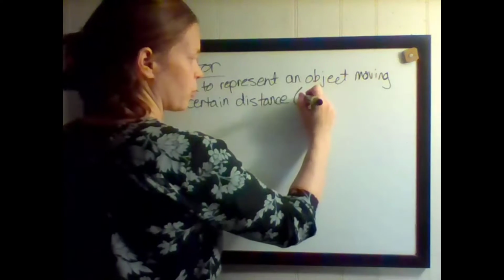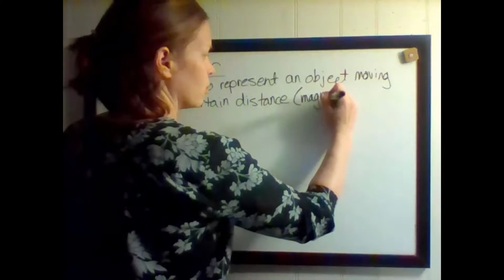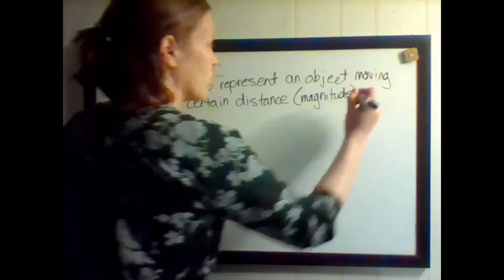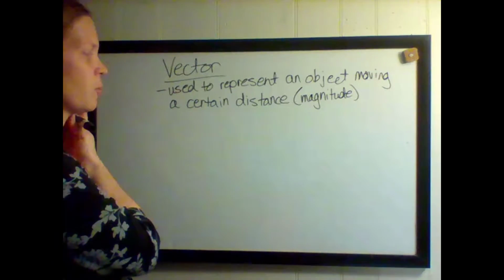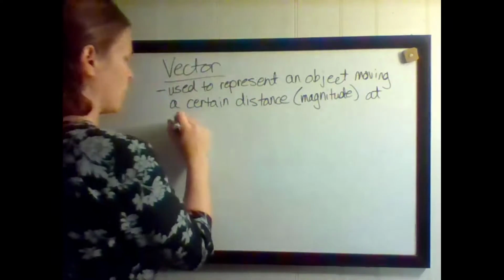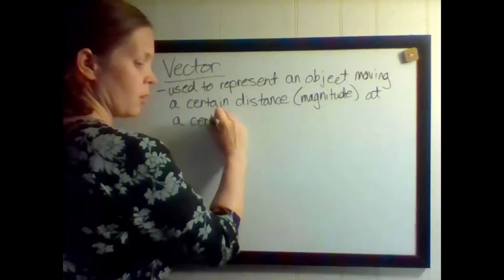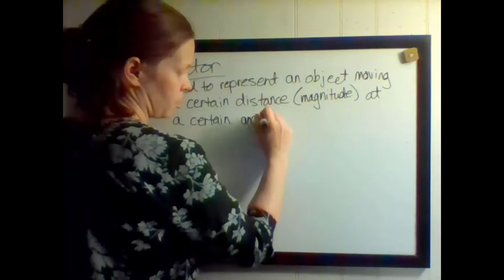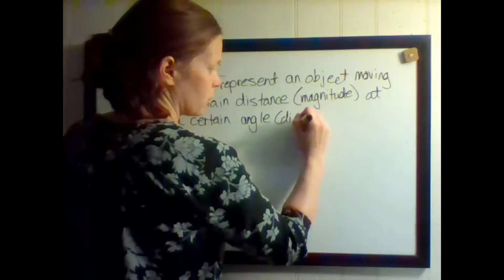The distance, I'm going to put in parentheses, is the magnitude. So a vector represents an object moving a certain distance, called the magnitude, at a certain angle, which we'll call the direction.